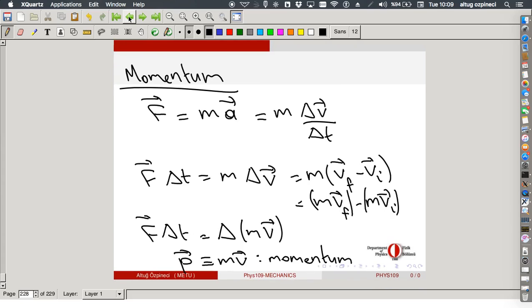But we have just seen that the force acting on an object multiplied by some duration, assuming that the force is constant within that delta t, or we can choose this delta t to be very short so that F doesn't change within it, is equal to the change in the momentum of the object during that time.